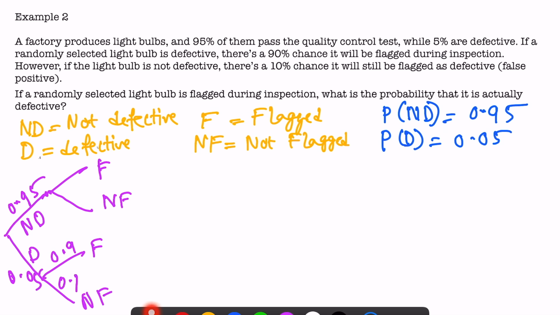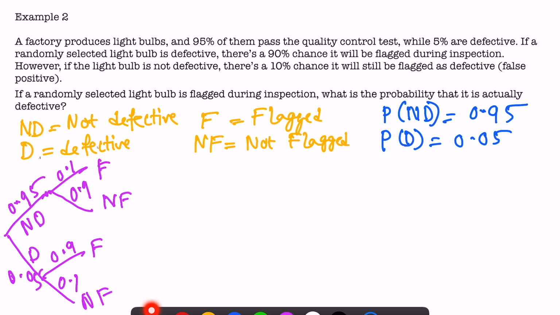Also, if the light bulb is not defective, there is a 10% chance it will still be flagged as defective. So if it is not defective, still there is a 10% chance that it will be flagged as defective. So this probability will be 0.1. So this will be 0.9.